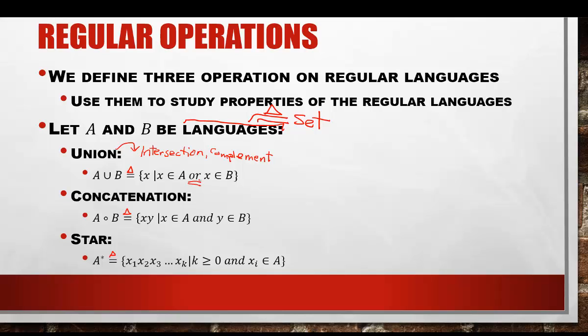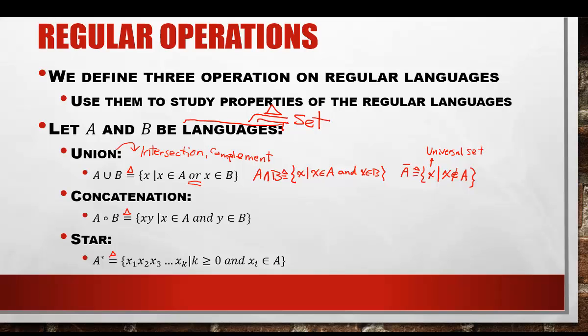still in the union. As a result of this, we also define the intersection of two languages A and B to be the set of all members such that X belongs to both of them. So X belongs to A and X belongs to B. And the complement of a language is by definition the set of all X such that X is not in A. And remember, when we talk about this, we talk about X in light of a universal set.